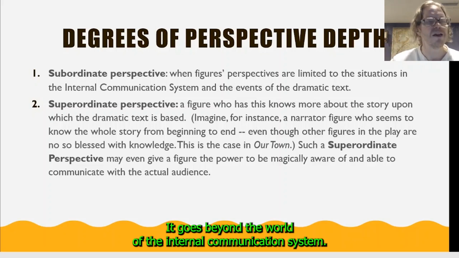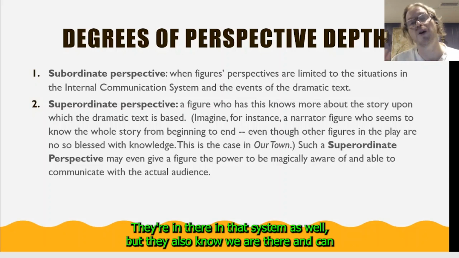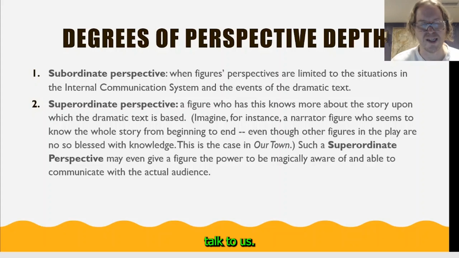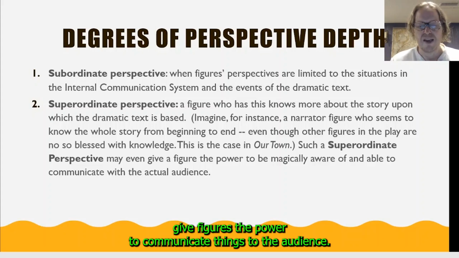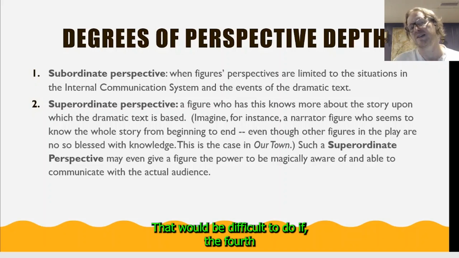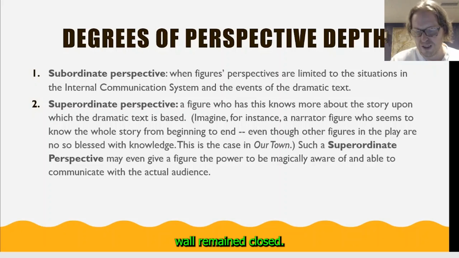It goes beyond the world of the internal communication system. They're in that system as well, but they also know we are there and can talk to us. So superordinate perspectives give figures the power to communicate things to the audience that would be difficult to do if the fourth wall remained closed.